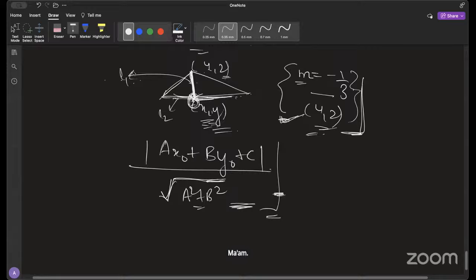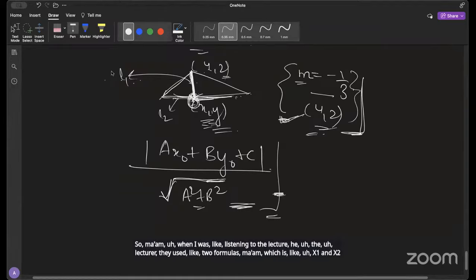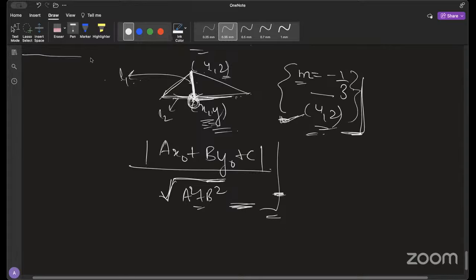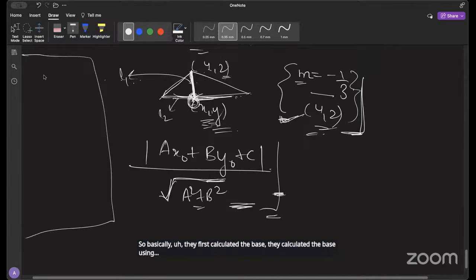Ma'am, when I was listening to the lecture, the lecturer used two formulas. They used x1 and x2 to find the AC line, and then they pulled an equation out of that, and to find the height, they used the other formula. Can you repeat the whole thing? So basically, they first calculated the base. This formula is basically the perpendicular distance of a point from a line.